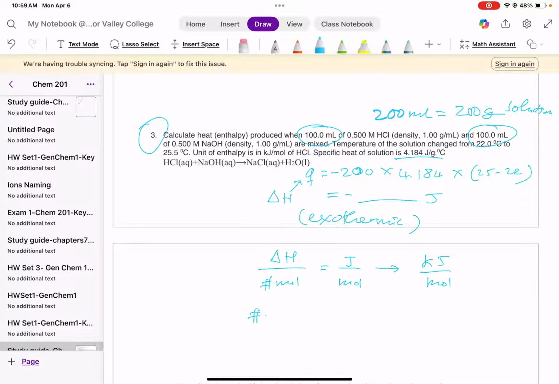The number of moles of HCl is equal to the number of moles of sodium hydroxide, and that's 100 mL times 0.5 M, which is mole per liter. That will give us 0.05.